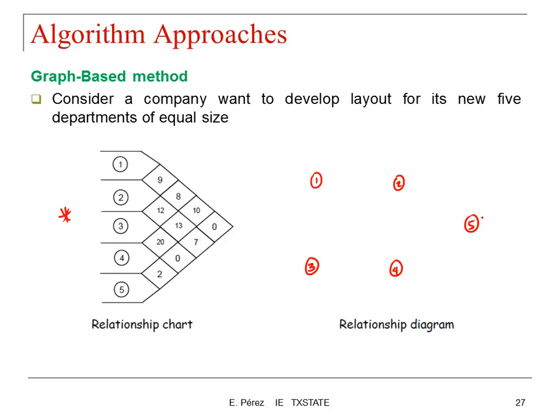And using the scores that were placed in the relationship chart, we're going to create some arcs. From 1 to 2, we have 9. From 1 to 3, we have 8. From 1 to 4, we have 10. And from 1 to 5, we have 0.